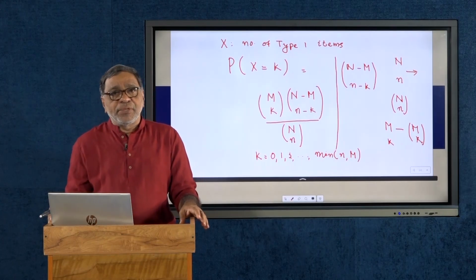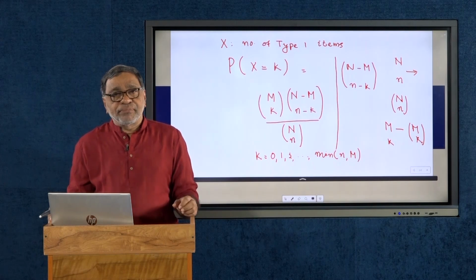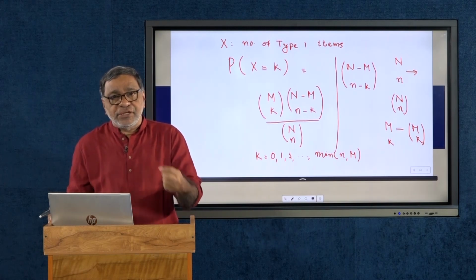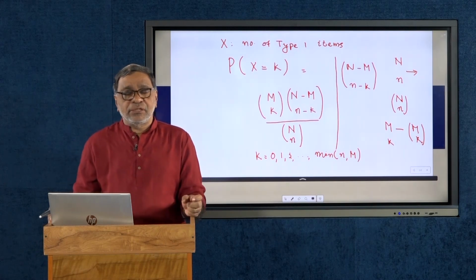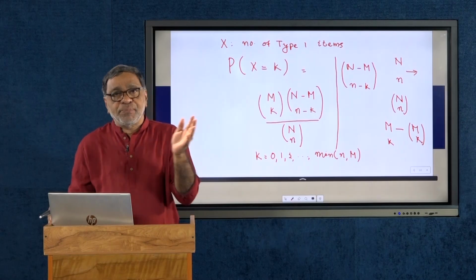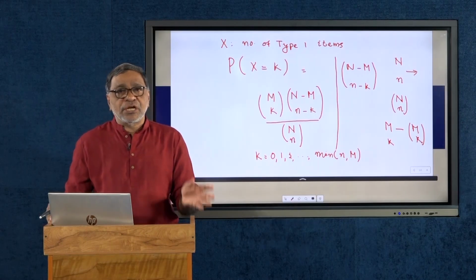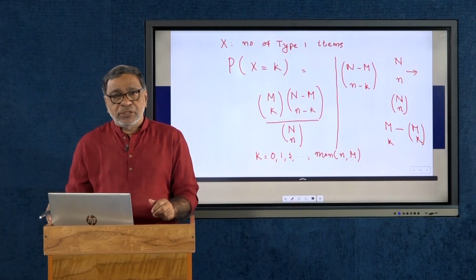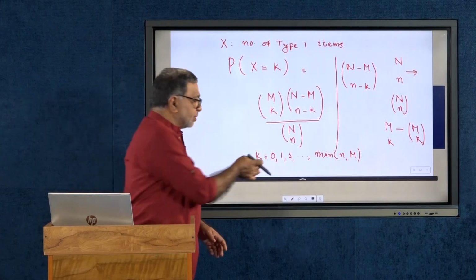So our problem is to identify the limiting condition by which the hypergeometric distribution tends to binomial. We are going to discuss that here.